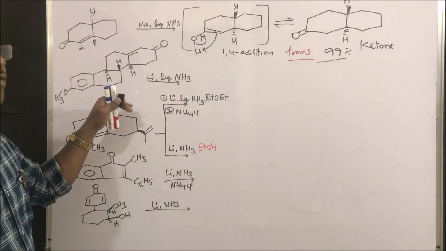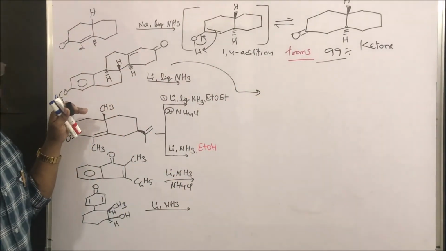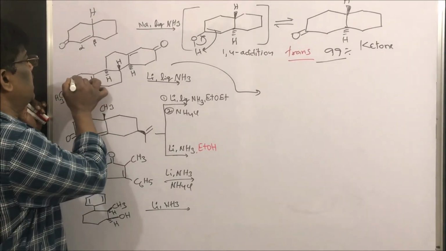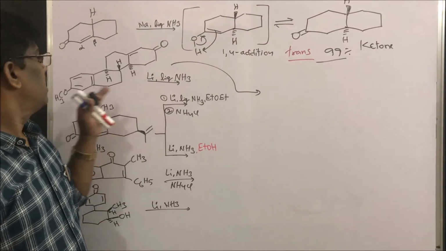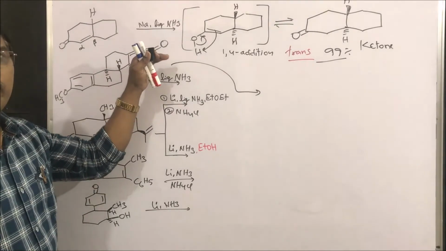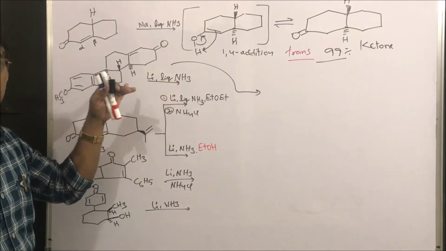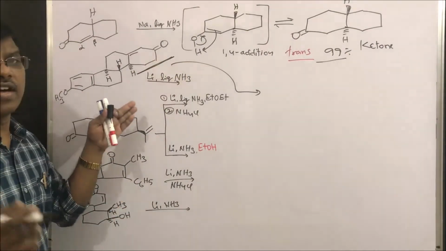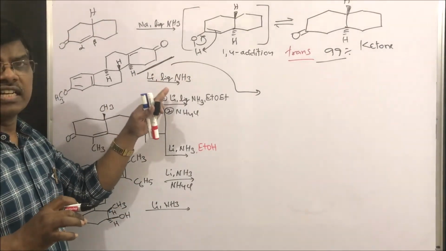Next, let us take one more example. Similar to this, it is very simple. So this is an aromatic ring. Don't confuse. Sometimes they may give it like this. When there is a tie-up between an aromatic compound and an alpha beta unsaturated ketone, the alpha beta unsaturated compound, which is easily reducible, first undergoes reduction under Birch reduction conditions.